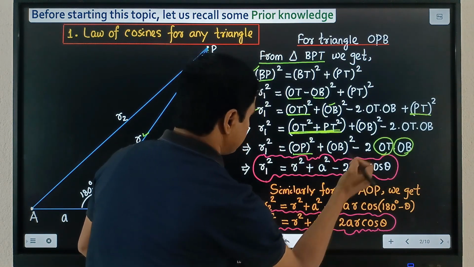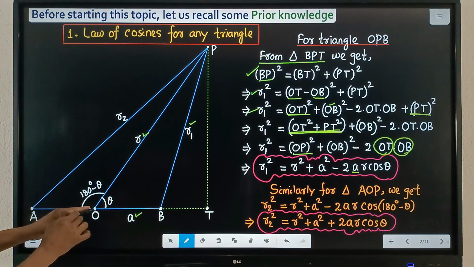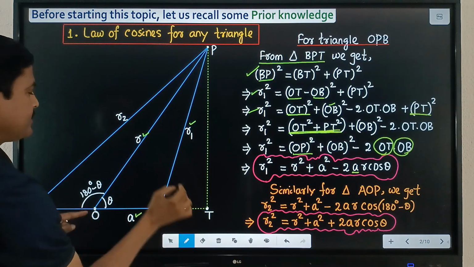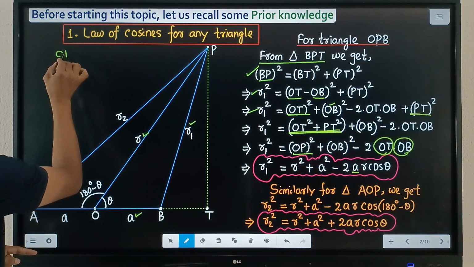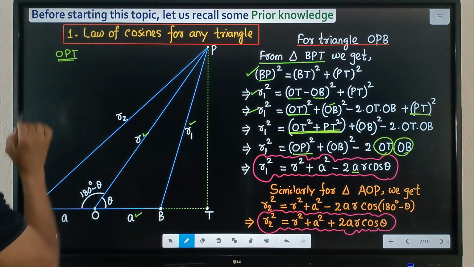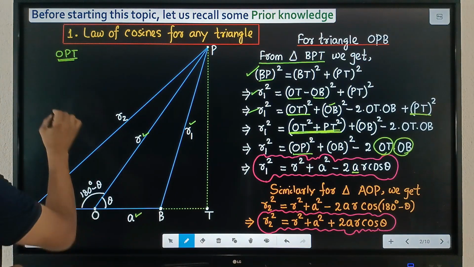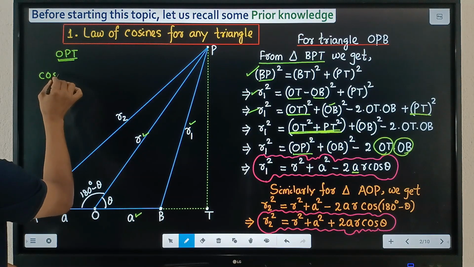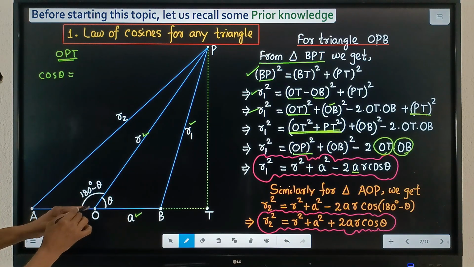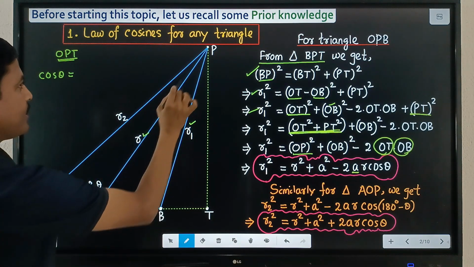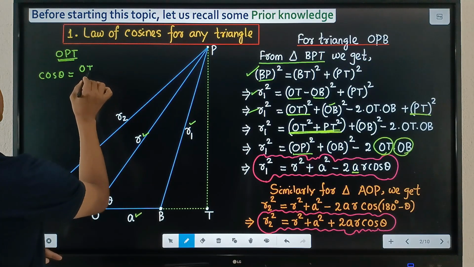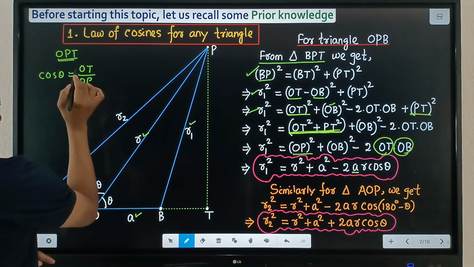Next, what is OT? This one is OT. We take the right angle triangle OPT. This angle is theta, and you know cos theta is equal to OT divided by OP. You know this formula.